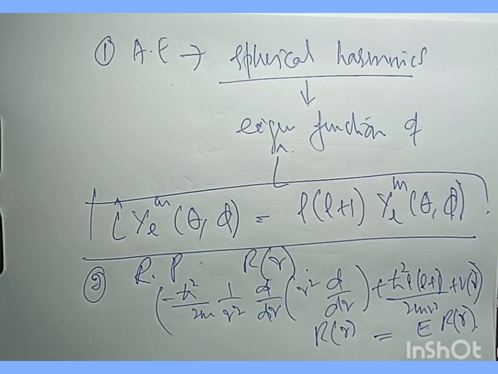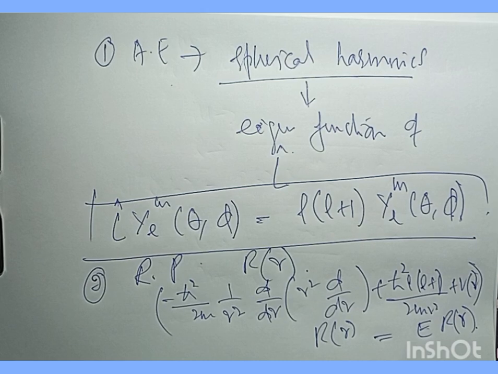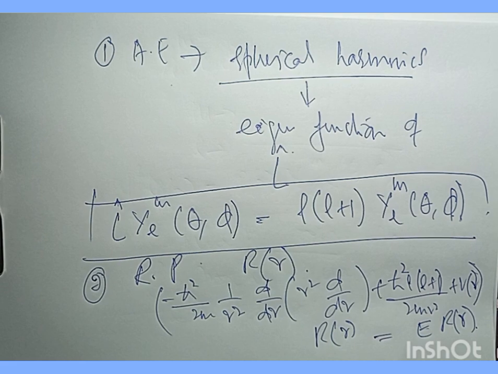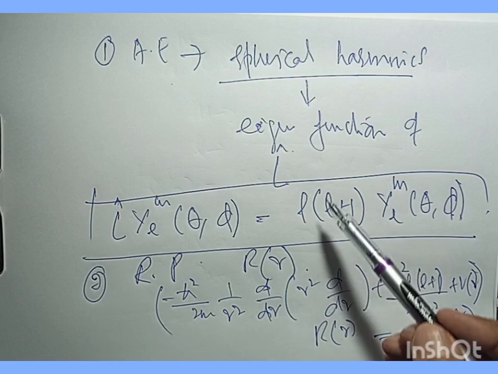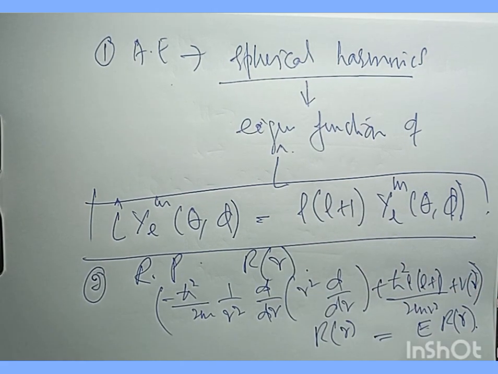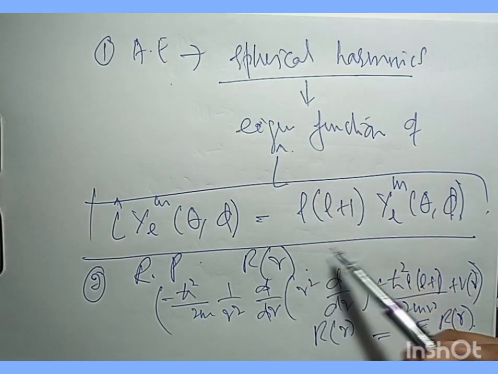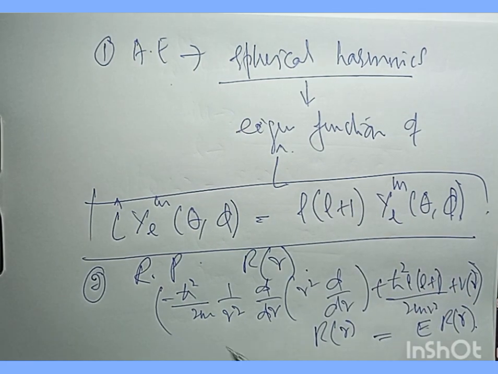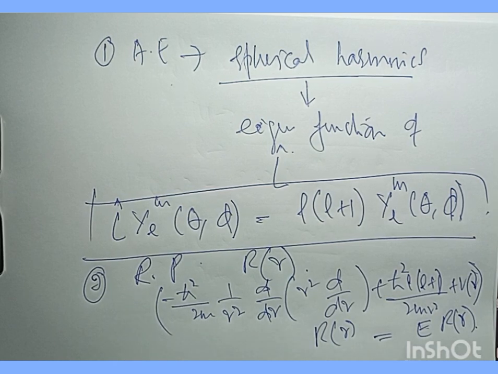We obtain the spherical harmonics, which are basically the eigenfunctions of the angular momentum operator. From there we get the quantized values of the angular momentum quantum number. And then in the radial part, we have a radial equation, and from there we get the energy eigenvalues.